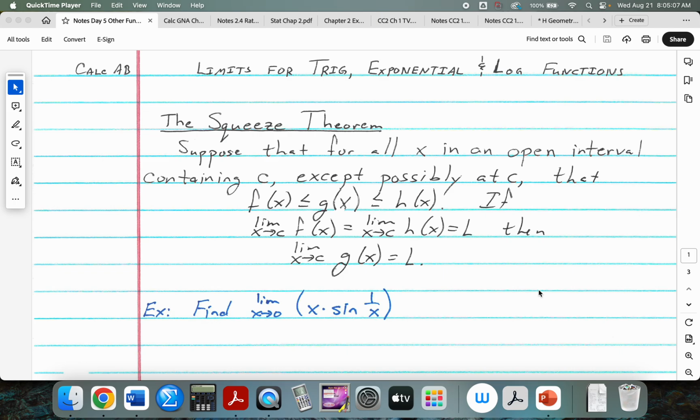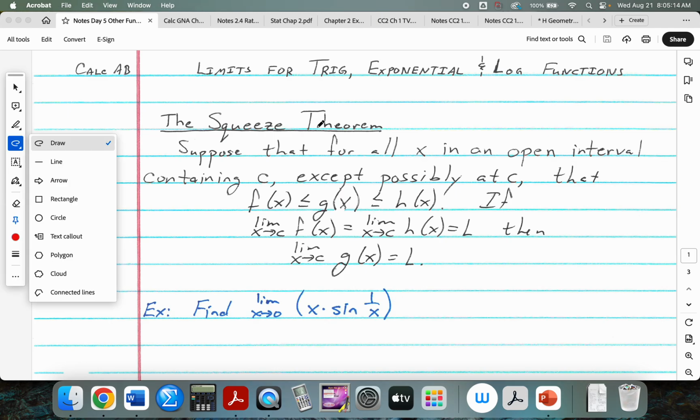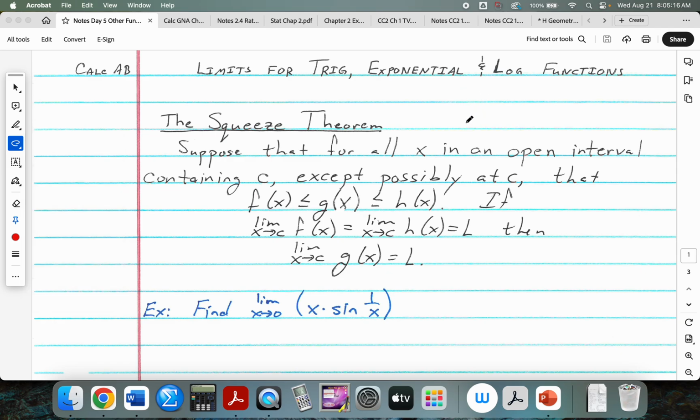So basically what we have here is, and you don't need to draw this, you've got f of x down here, g of x here, and h of x here. Except at some point, this top function and this bottom function are going to the same place as we get close to c.